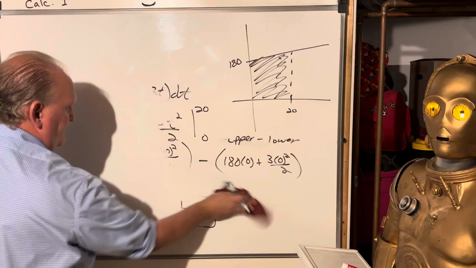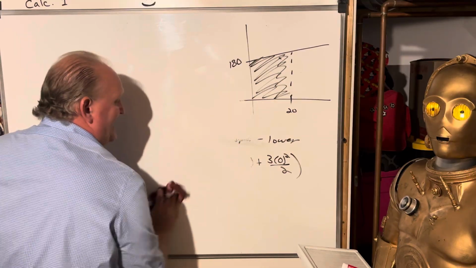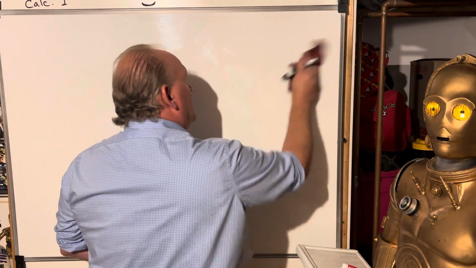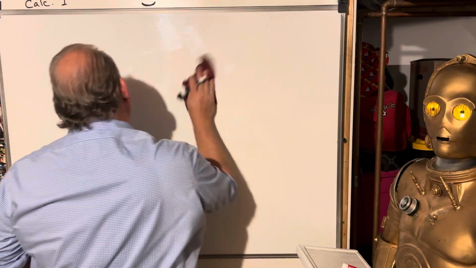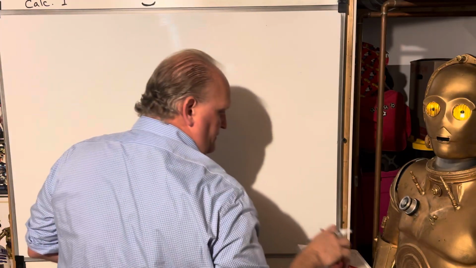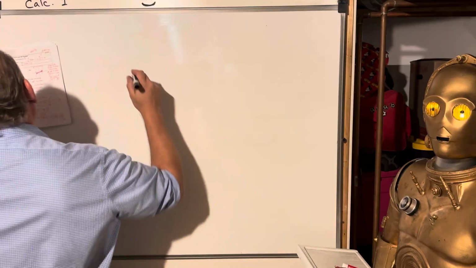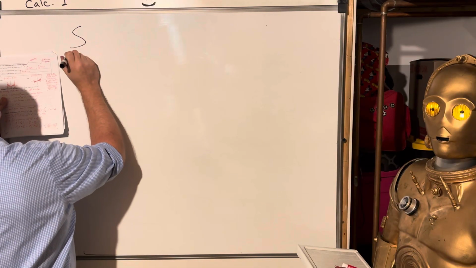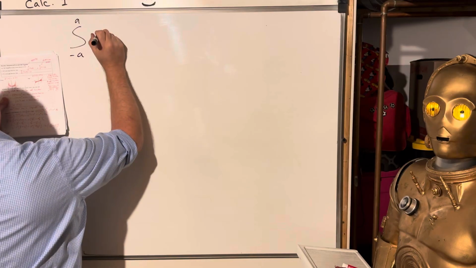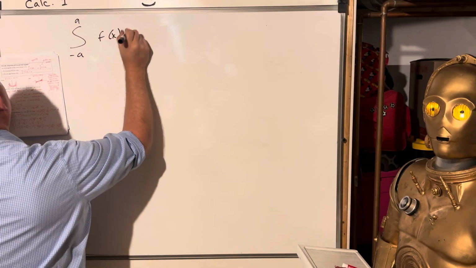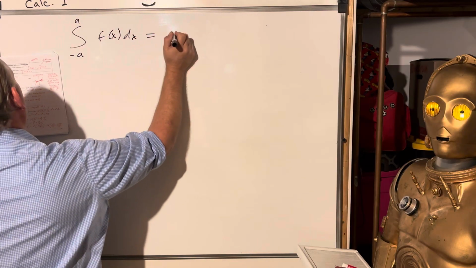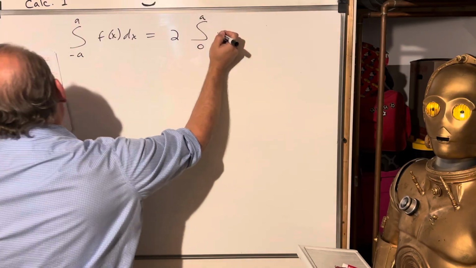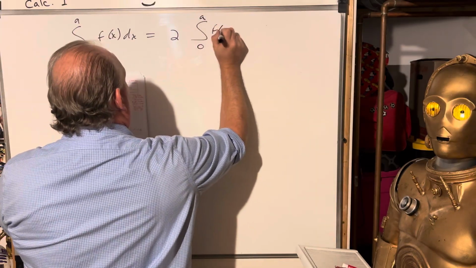That's not really that big of a revelation, especially after we just looked at the sine curves and you saw the symmetry there. But look, for the first line, if it's an even function from negative a to a, f of x dx, we could just say that's the same as 2 times the integral from 0 to a of f of x dx.